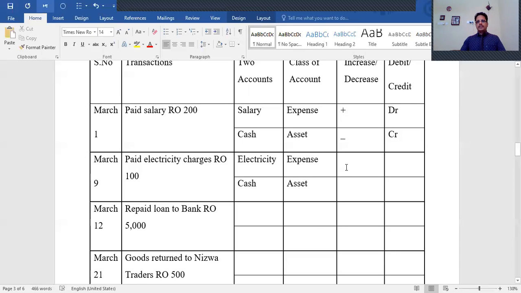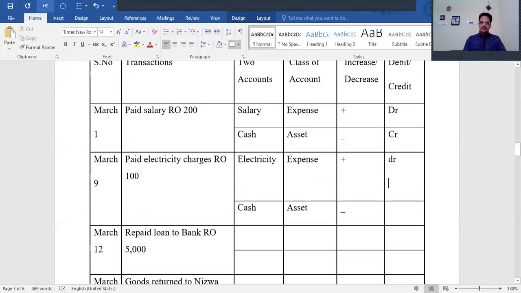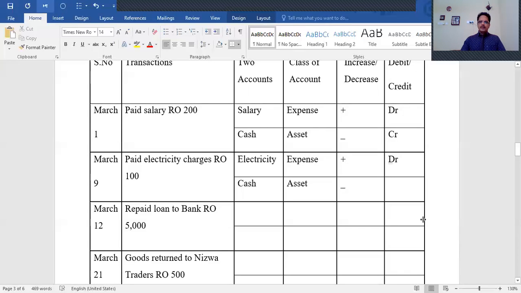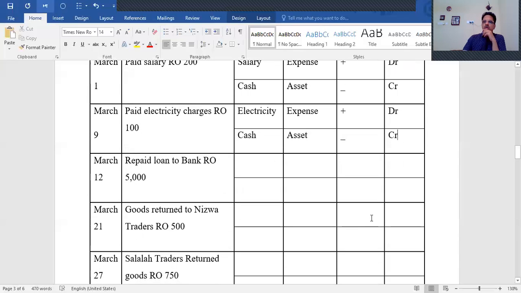When you pay the electricity bill, your expense increases. When you pay the cash, your cash balance decreases. So expense increase means the rule is debit, and cash decrease means credit. So it is very easy now. If you remember the rule, it is very easy. There is nothing more difficult in doing this.